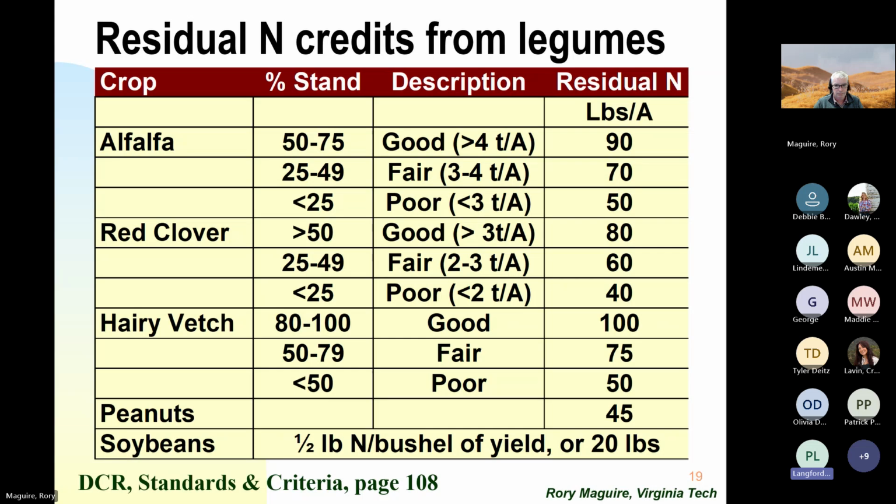So for example, we have a 50 to 75% stand of alfalfa, and the residual nitrogen remaining would be 90 pounds per acre. But as that stand decreases to 25 to 49%, the residual nitrogen is only 70 pounds per acre. So the higher percent stand that you plant, the less that you will eventually have to apply to the following crop. Next slide, please.